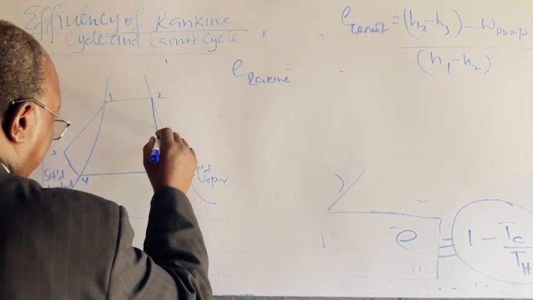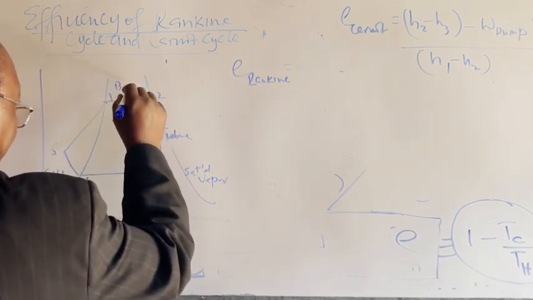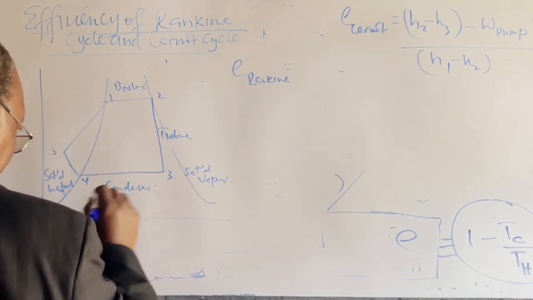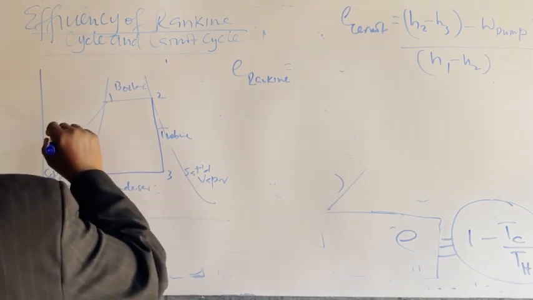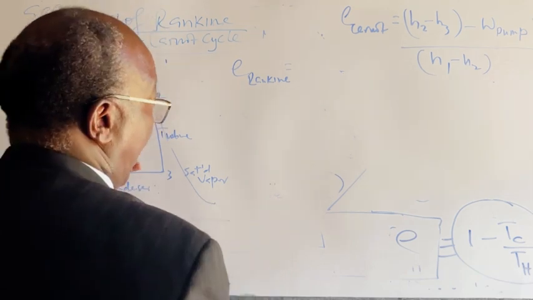Remember this is the turbine, this is the boiler, that's the condenser, that's the pump, and the system. So what do we have?